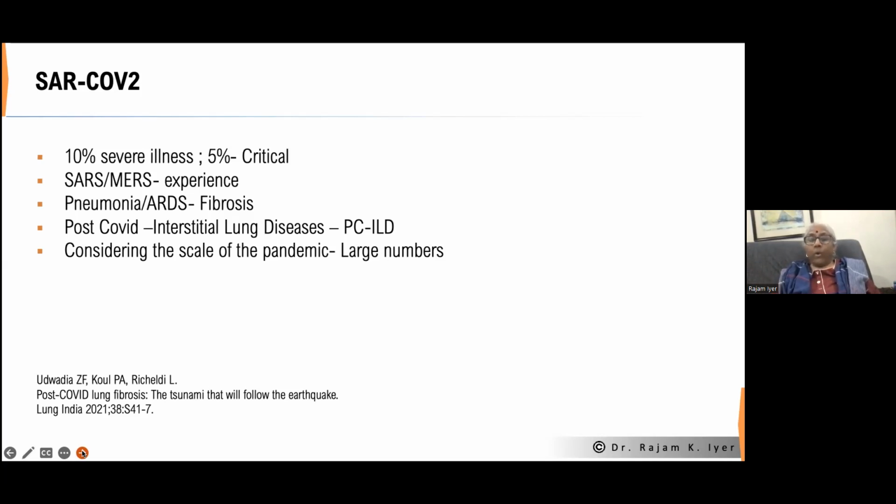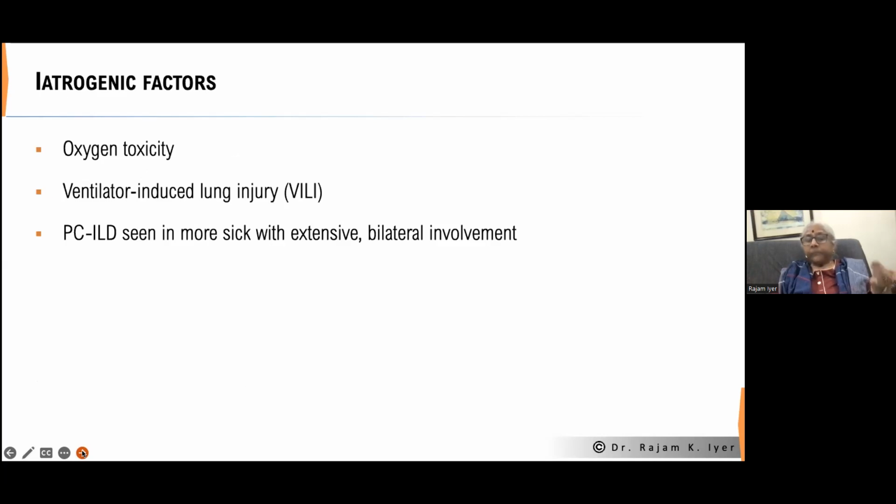So we should know about it because God knows what more viruses we are going to see in the next future. Added on top of that was oxygen-related injury, ventilator-associated injury, and therefore it became worse, so the treatment itself contributed to the deterioration.